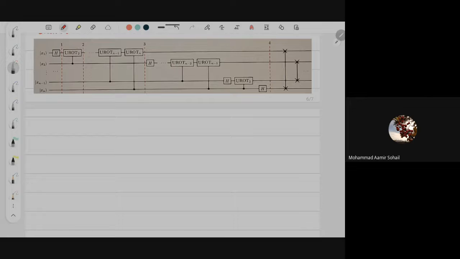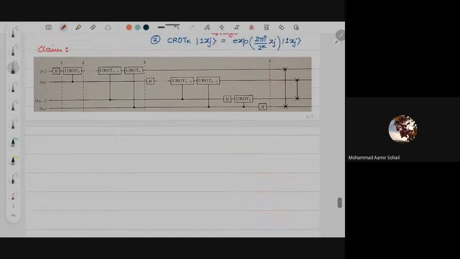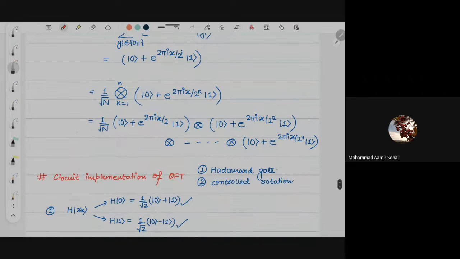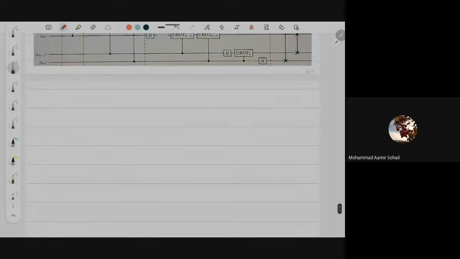So now we'll see whether this is actually working or not, what we want. So we want this expression here, whatever we got here. We want the same thing. So we need this expression: summation, 1 over root n.